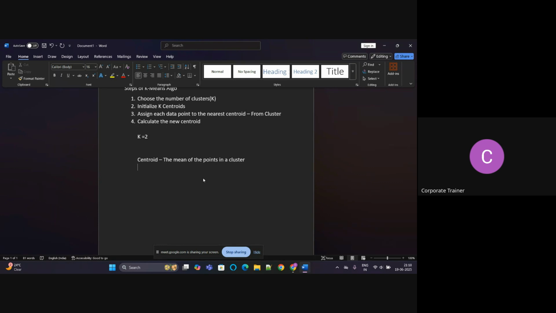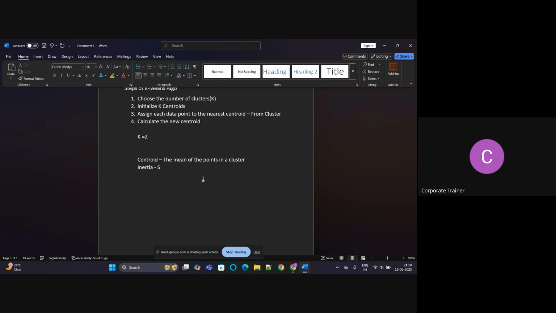Next, sometimes we discuss inertia. So what is inertia? INERTIA. Inertia is the sum of the squared distances from each point to its centroid.